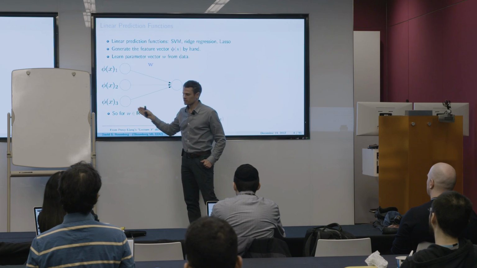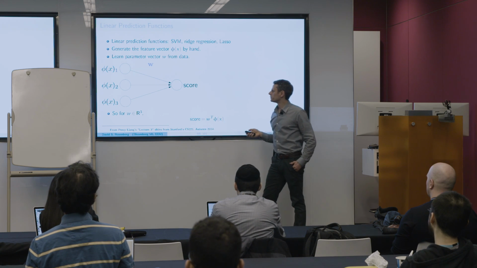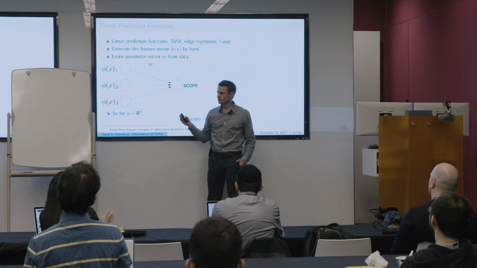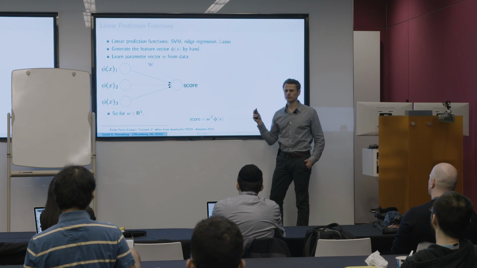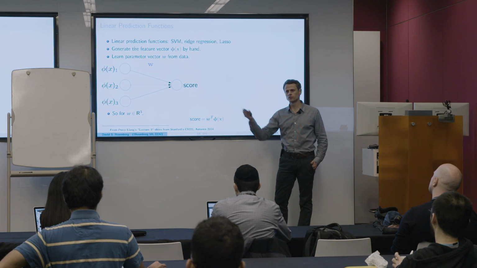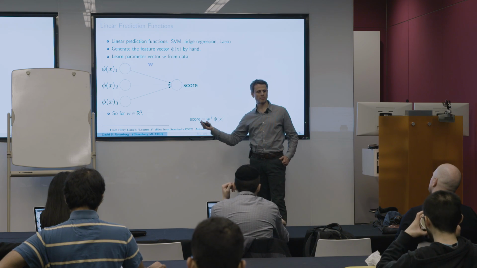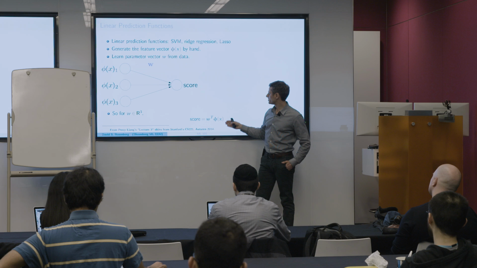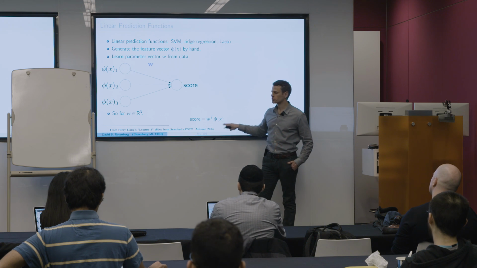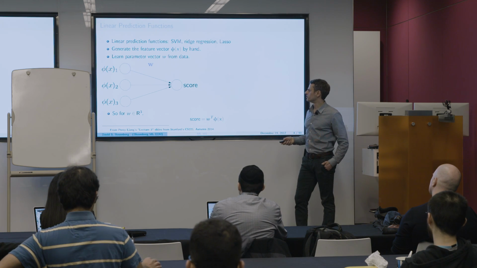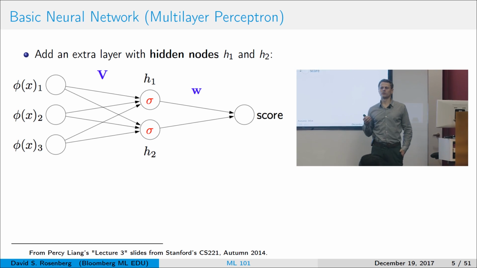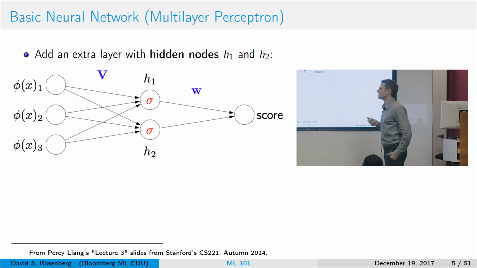So this is a feature vector with 3 features, phi x1 through phi x3. And we're taking a linear combination governed by this parameter w and coming up with a score. If it's a regression, our final product will be the score. If it's classification, we'll map that to a probability or something like that and use a likelihood loss, etc. But the key piece is the score is just this w transpose phi of x, a linear combination of the input features.